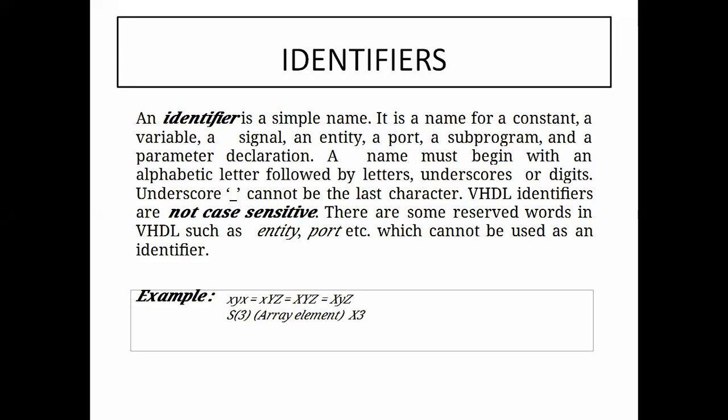Later on you can use underscores or any particular digit, but at the beginning, the identifier name should start with the alphabet. And these VHDL identifiers are not case sensitive. As VHDL language itself is not case sensitive, these VHDL identifiers are also not case sensitive.